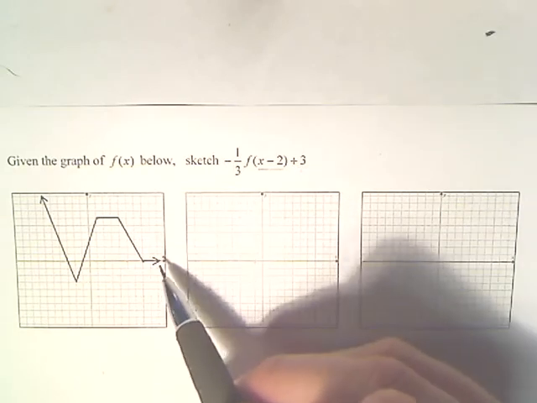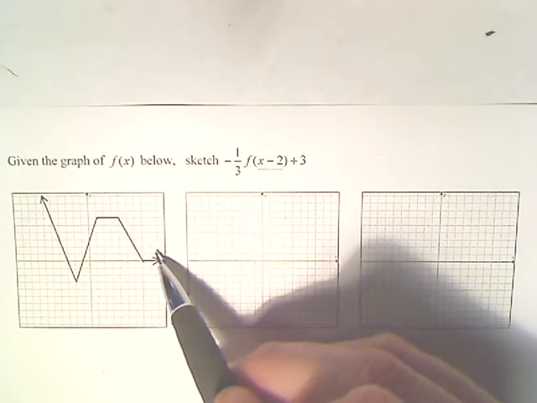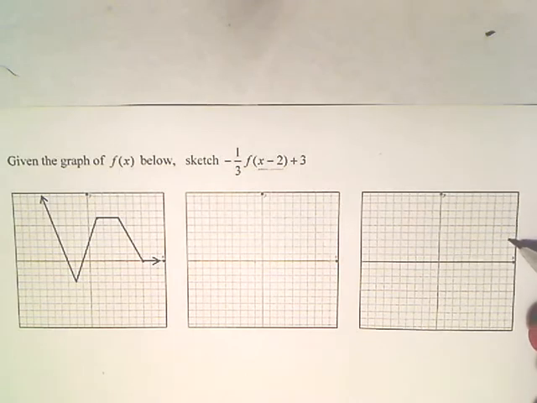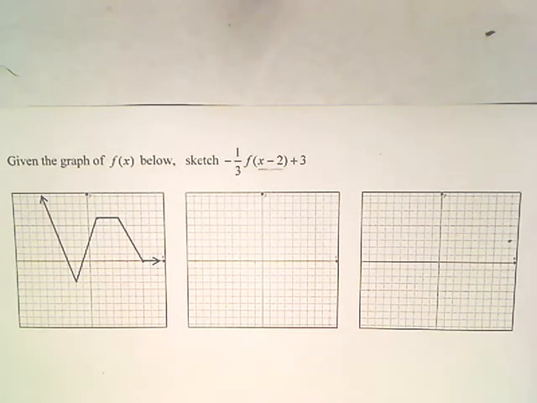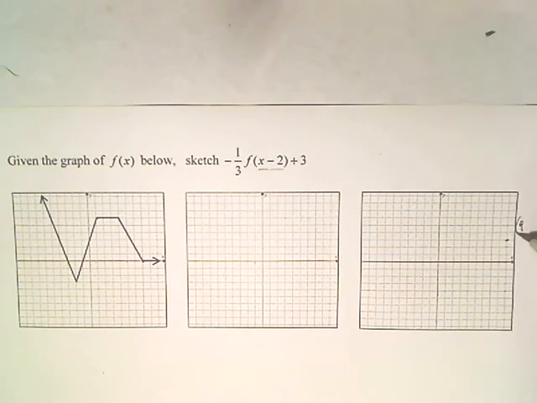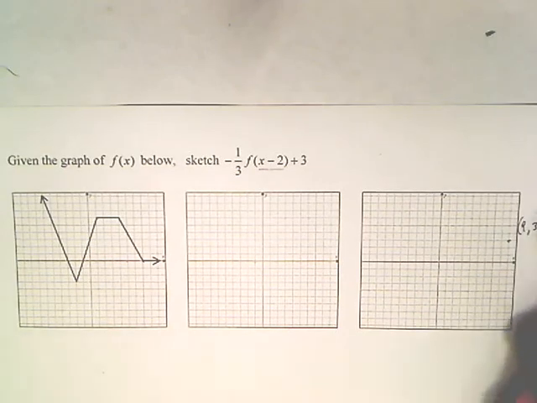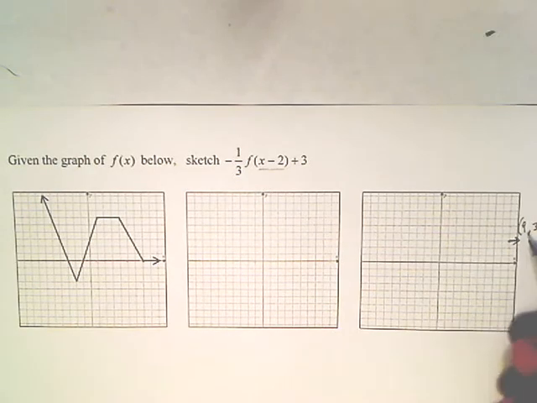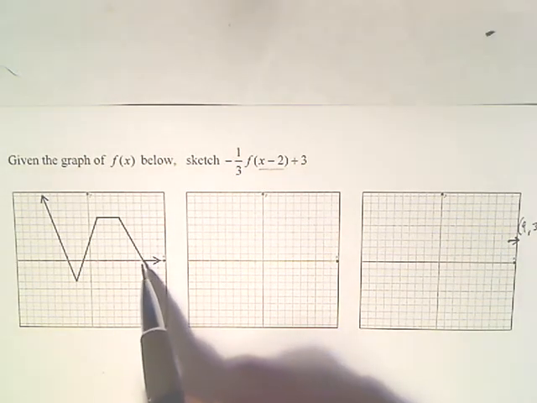In this case, the +3 means to move it up 3, so that would place me here at 9, 3. So 9, 3 is the coordinate point I'll make in my final graph, which is a point that should be checked. I'll write it over here, 9, 3, and the graph exits to the right, going straight across. So I've just moved this section.